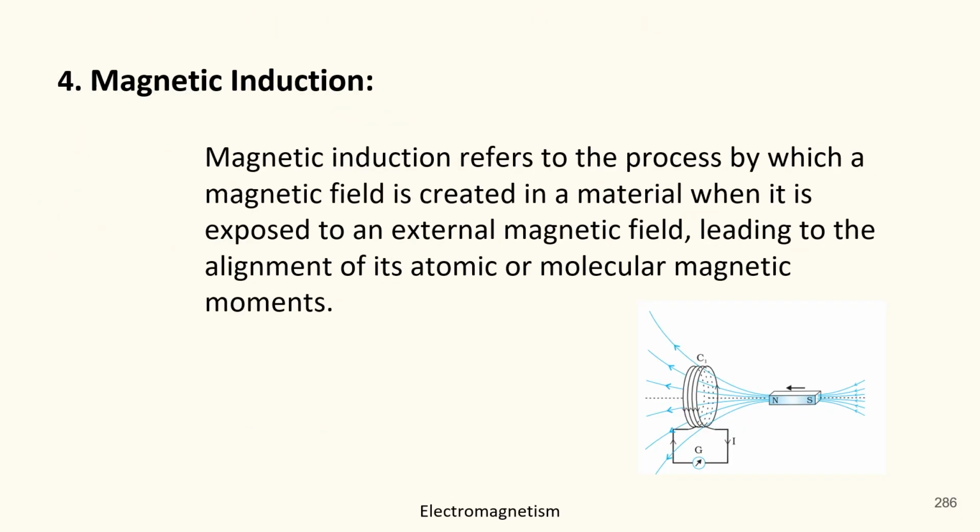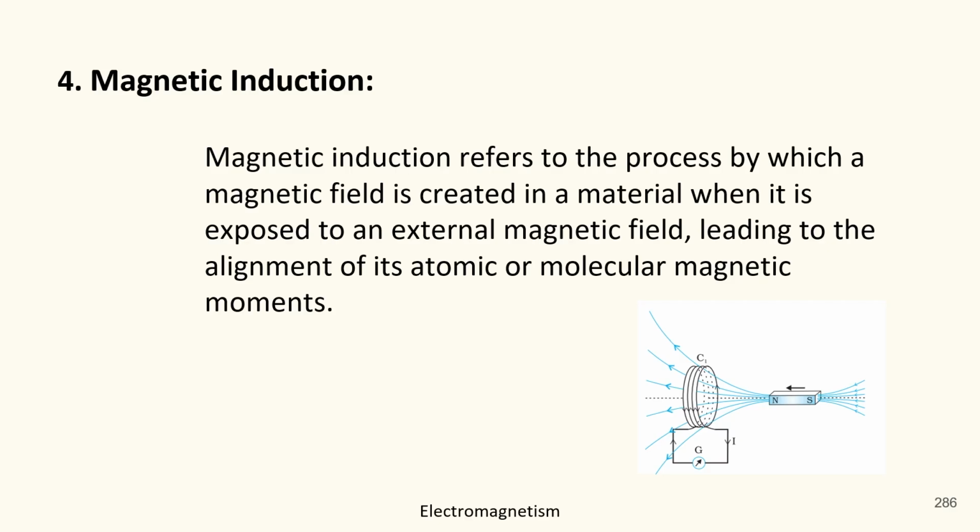Got it? Now come to magnetic induction. Magnetic induction refers to the process by which a magnetic field is created in a material when it is exposed to an external magnetic field, leading to the alignment of its atomic and molecular magnetic moments.